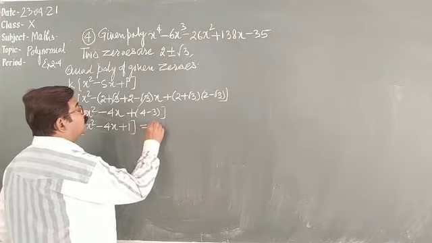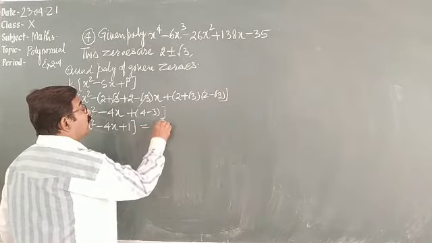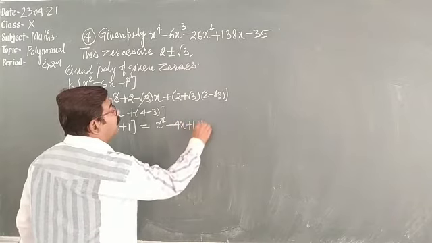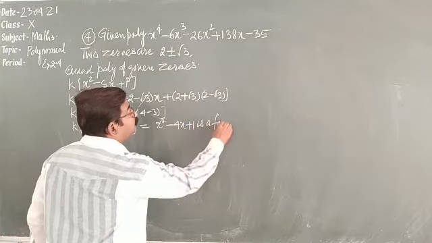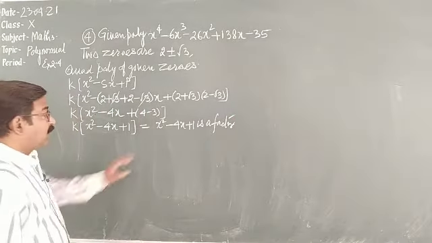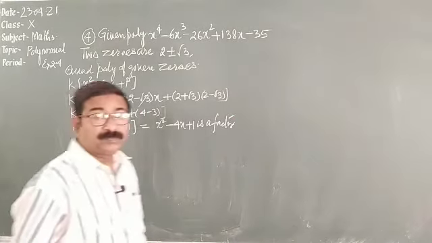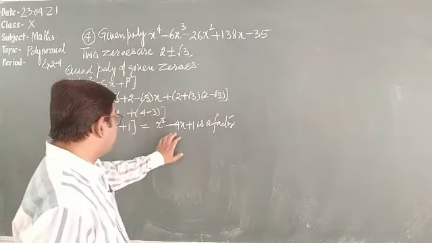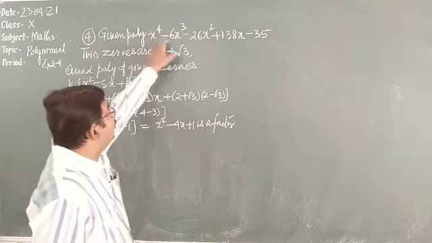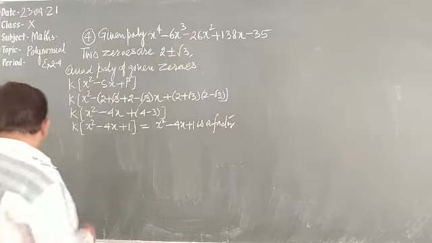So we have x square minus 4x plus 1 is a factor. This is a factor of the polynomial. Now, if it is a factor, then this quadratic polynomial can divide the polynomial completely. So let's divide.